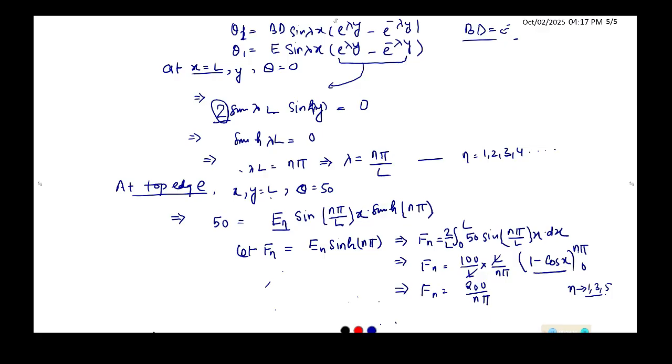So we have derived the value of fn from the above boundary condition, where, and this is important, n varies over odd numbers 1, 3, 5 and so on up to infinity. Now we have determined the value of fn as 200 upon n pi.